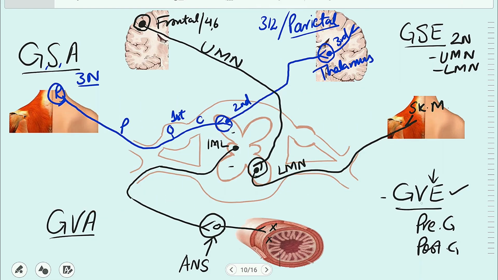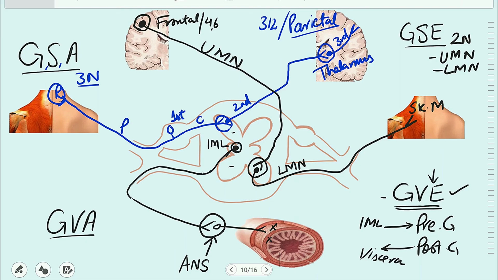So I will repeat, the general visceral efferent component consists of two neurons, a preganglionic neuron that starts at the intermediolateral horn, and a postganglionic neuron whose destination is the viscera, that is the involuntary effector. The preganglionic neuron is present in the intermediolateral horn of the spinal cord.